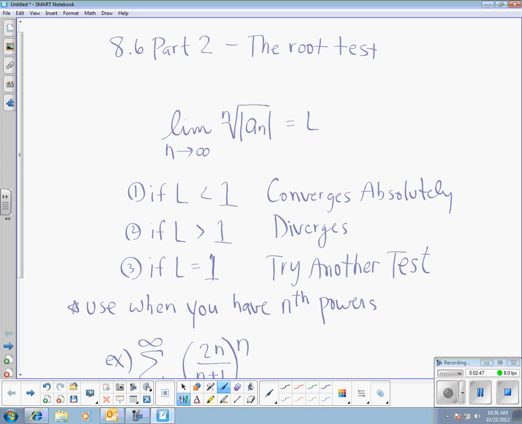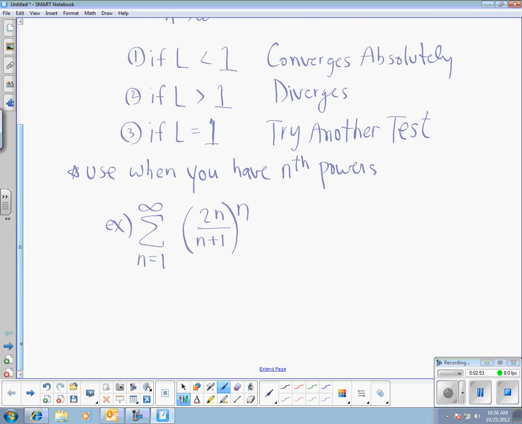And if the terms don't go to 0, then you have no reason to do any of these tests. So we're starting to get to a point where you've learned all your tests, and there's a lot of overlap. And this is a perfect example of how you would not need to do the root test on this series because the terms do not approach 0. And alternating series, that happens a lot because they converge very easily just because the terms go to 0.